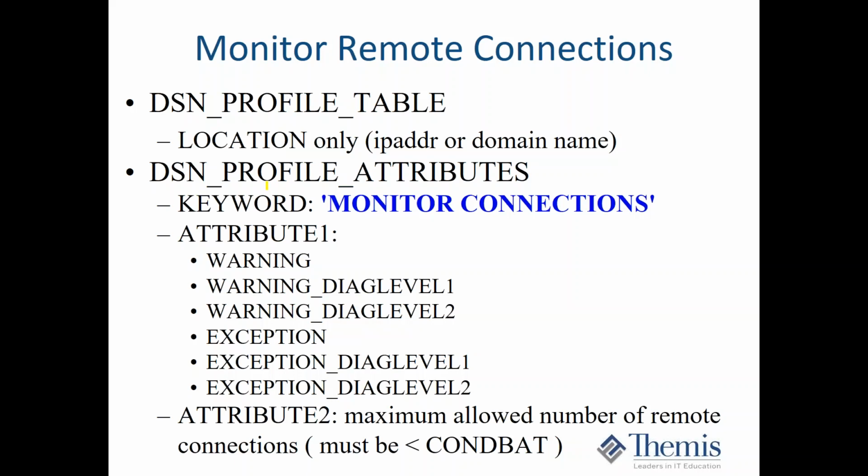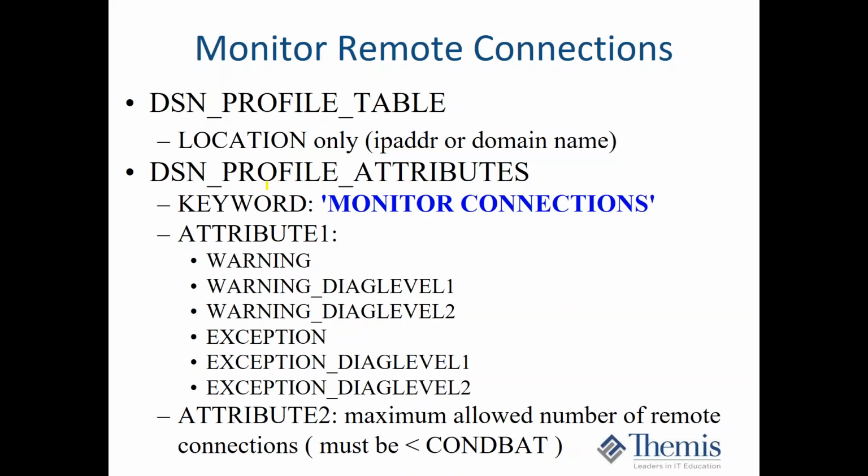And I want you, Db2, to either just give me a simple warning when it hits attribute 2, the maximum number of remote location connections coming in from that IP or that domain name. You want a warning, and once it's hit, every 5 minutes it's going to come back and say, hey, these guys can't, they're waiting.